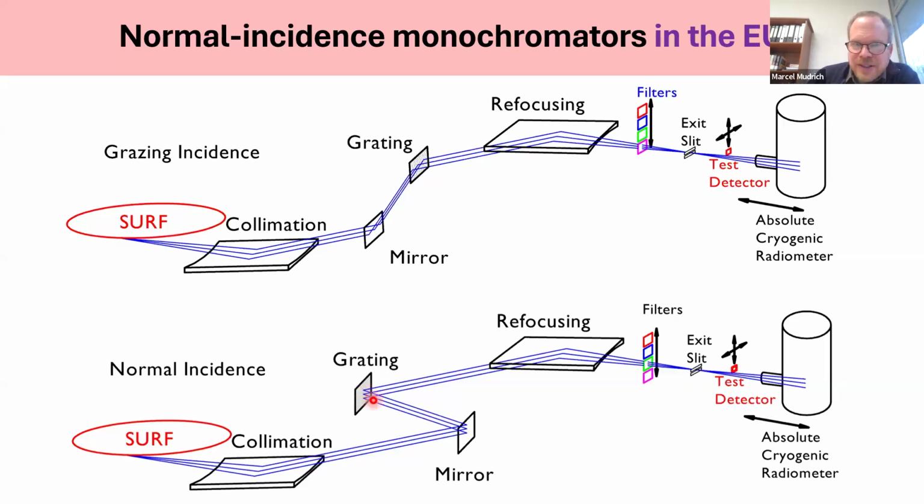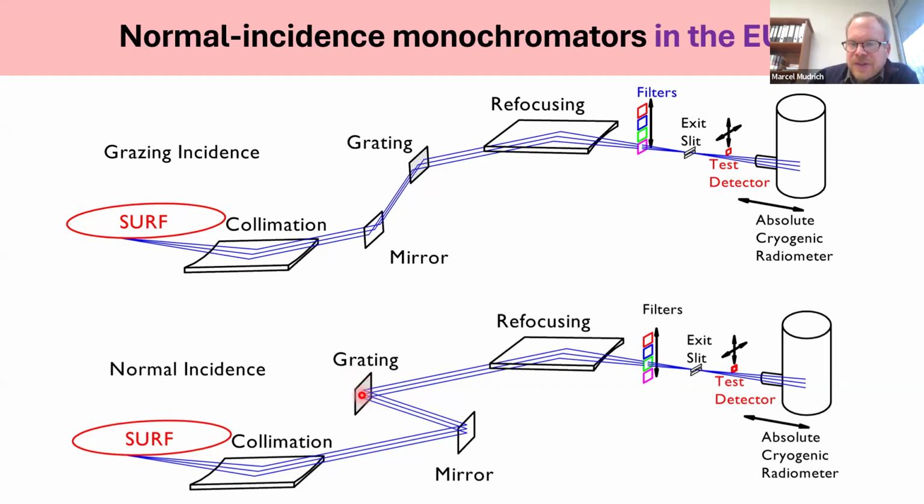I have to stress that this is only an option in the EUV. For X-rays, there is no mirror that has high enough reflectivity, and also diffraction of the grating in the X-ray would not work at normal incidence.